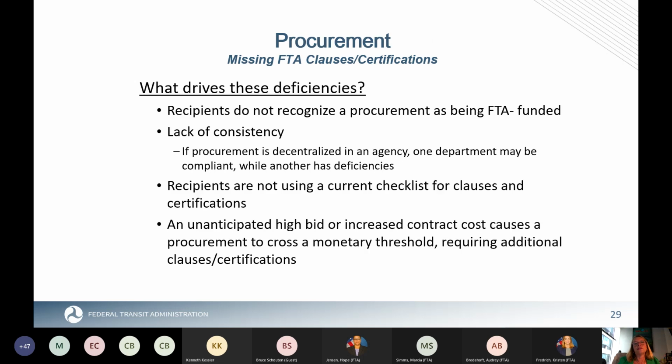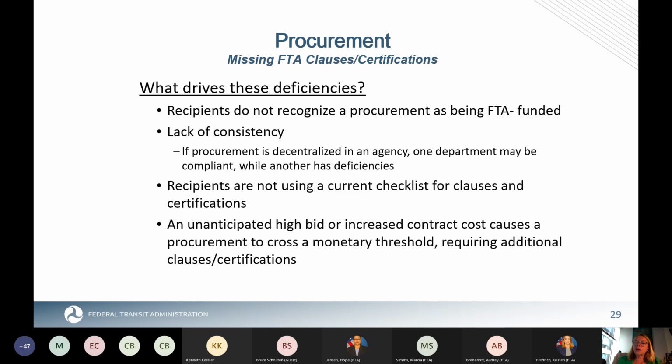So what drives these deficiencies? First, again, recipients don't realize that a procurement is FTA funded. A number of the deficiencies in the clause arena are not because recipients missed one clause or two clauses. It's they didn't have any of the federal clauses in their procurement documents. And this quite often can happen if someone forgot that it was an FTA funded procurement.